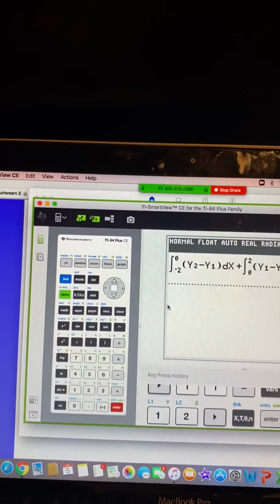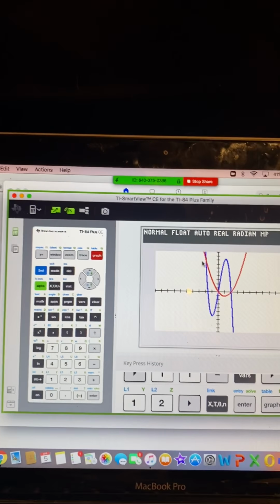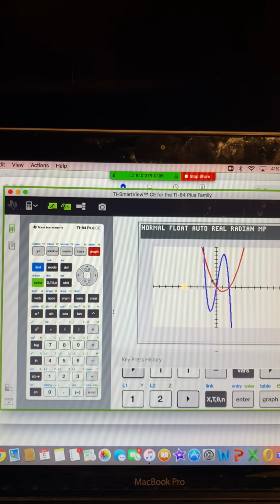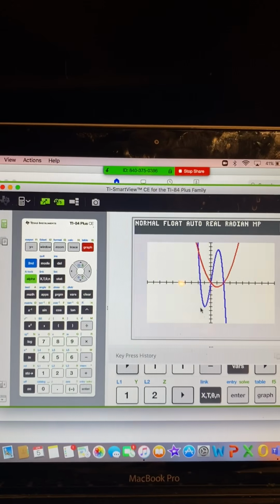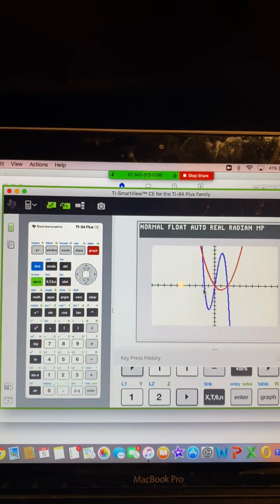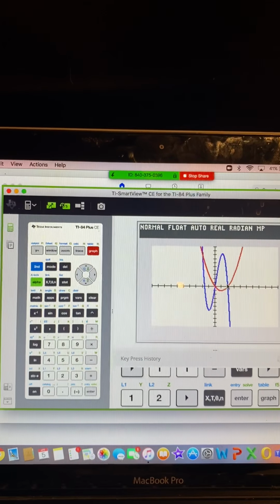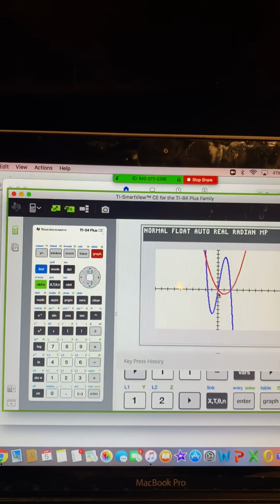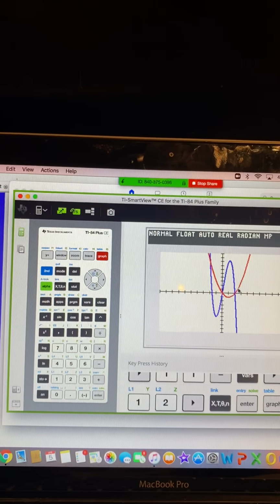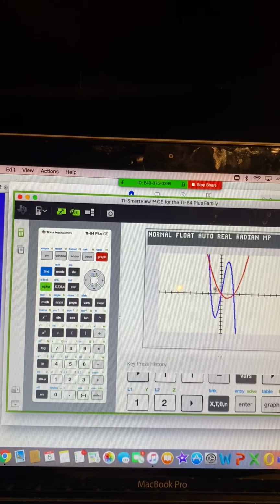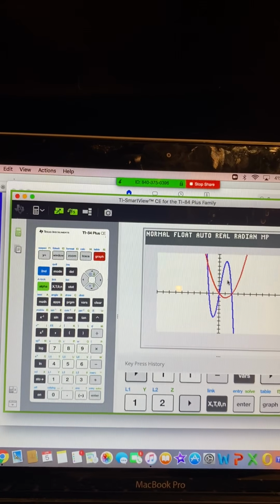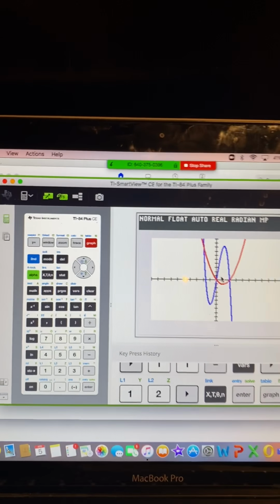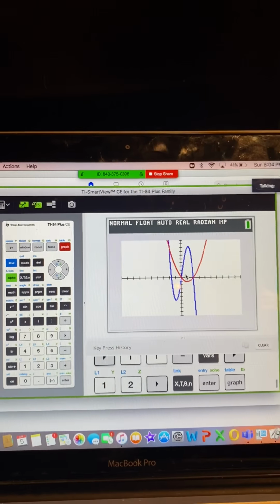That is because from -2 to 0 the parabola is on top and the cubic is below, and from 0 to 2 the cubic is on top and the parabola is below. You have to do those separately: take this region, add it together, take this region, and add it together. All right, that's it.